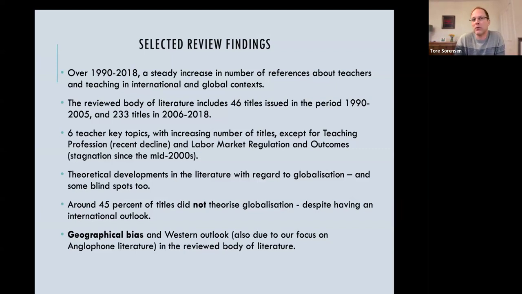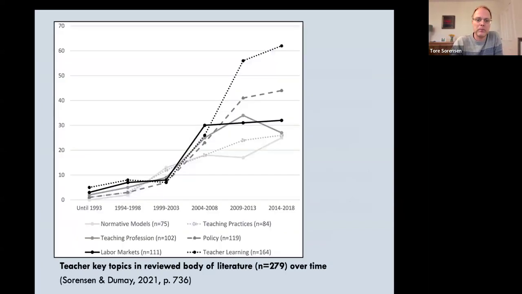We see that as a major problem as scholars, that globalization was not theorized in a large part of the literature. Finally, we could demonstrate, based on our scoping review, a huge geographical bias towards a Western outlook in the literature and in the way that we think about globalization when it comes to teachers and teaching.